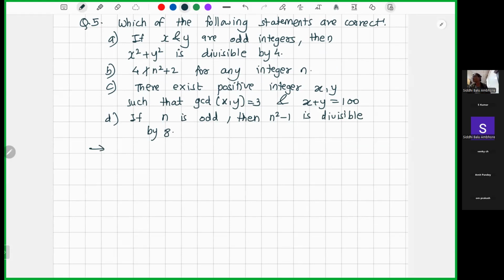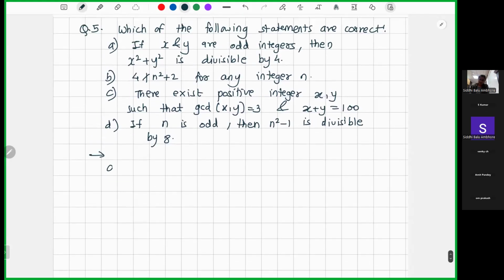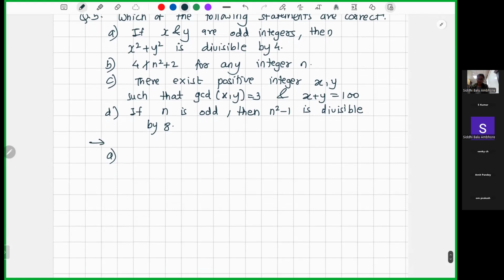So any guesses for this? First one, whether it's true or not. If x and y are odd integers, then x square plus y square is divisible by 4. So x is odd, so x is some 2m plus 1, y is some 2n plus 1.